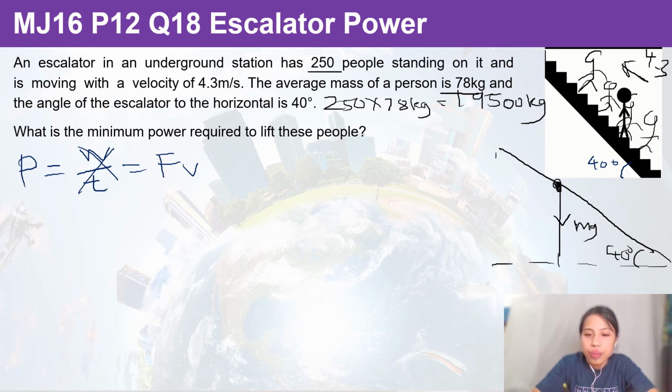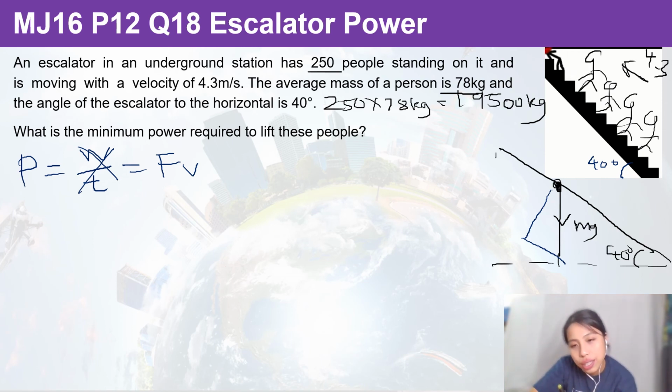So this is a lot of energy to put in, because of this weight, this escalator has to lift up the equal amount of weight. So let's find what's this horizontal component here.